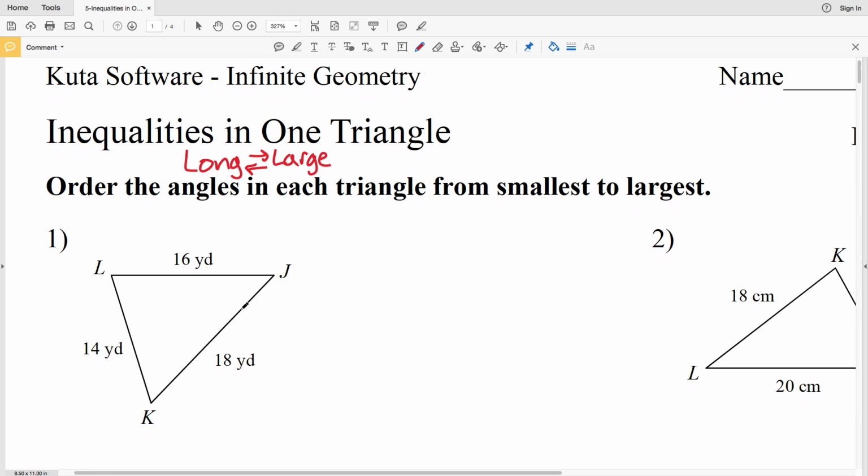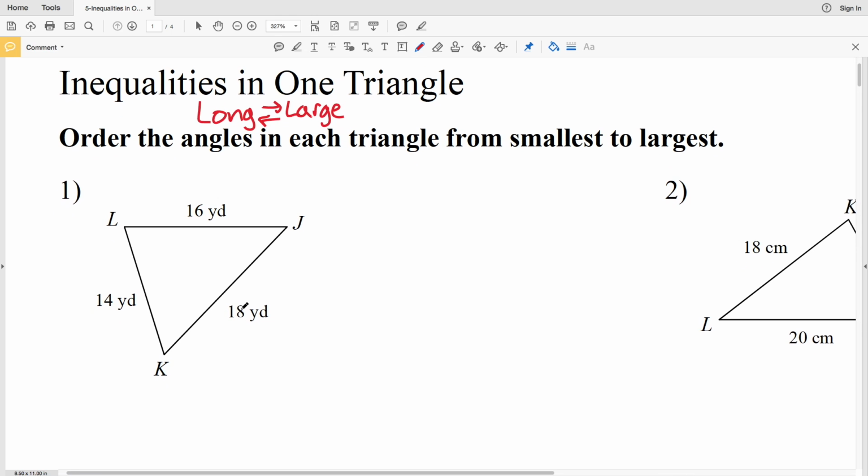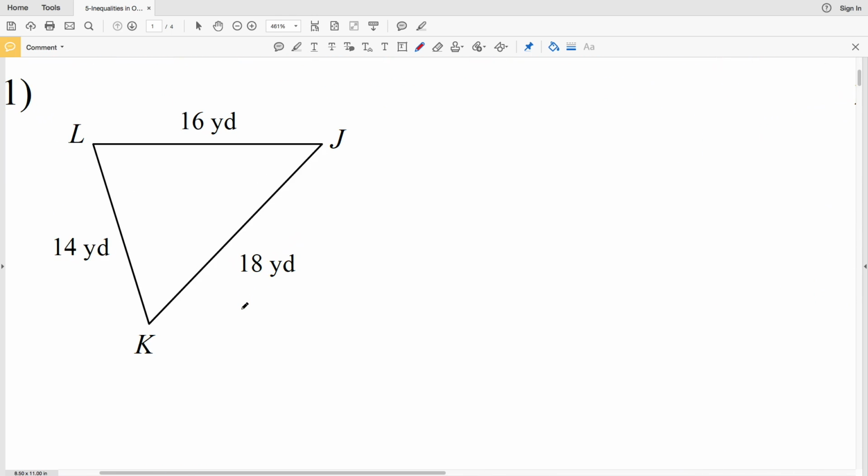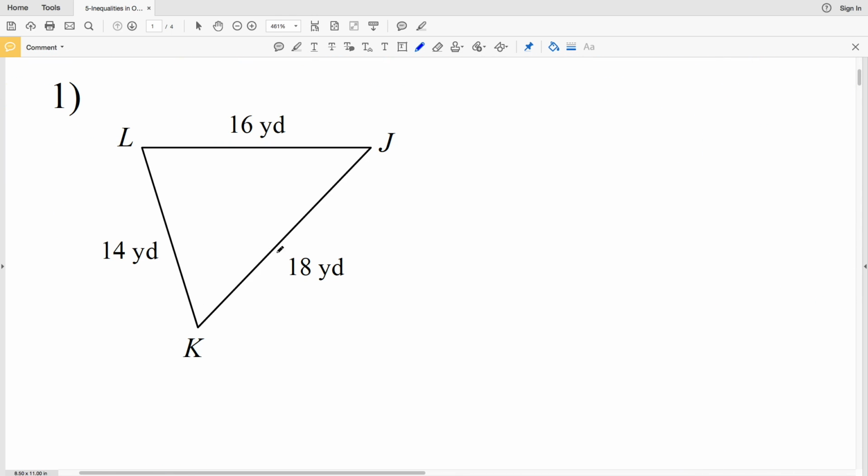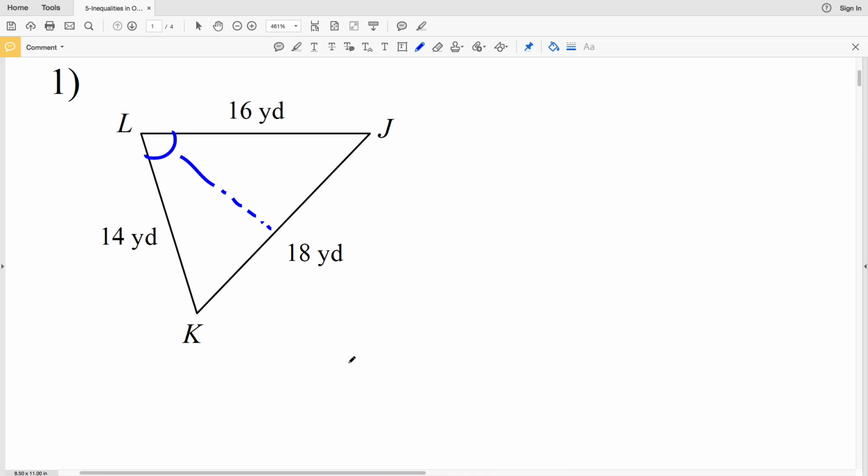So our directions are to order the angles in each triangle from smallest to largest. In number 1, we're given the sides. Side KJ is 18 yards, and 18 is the greatest number. So we know that this angle opposite 18 is our largest angle. So angle L is the largest and will be listed last. The smallest is 14, since 14 is less than 16, which is less than 18.